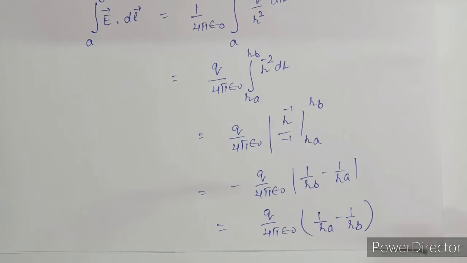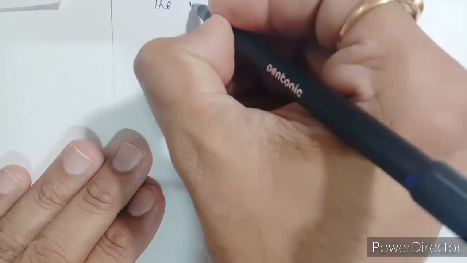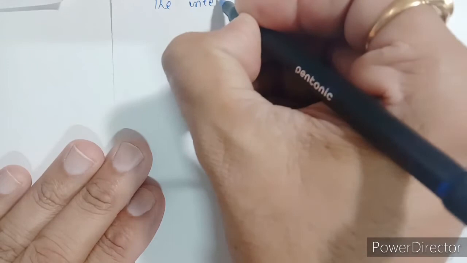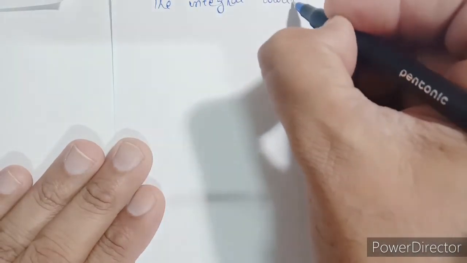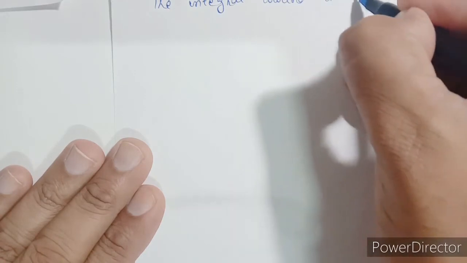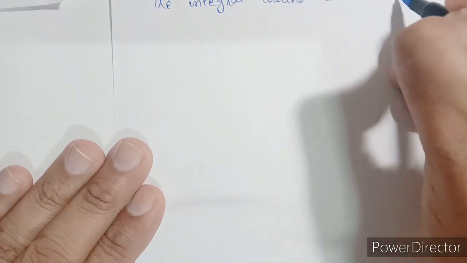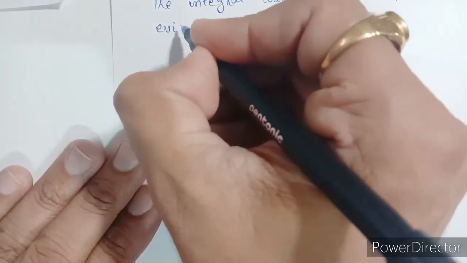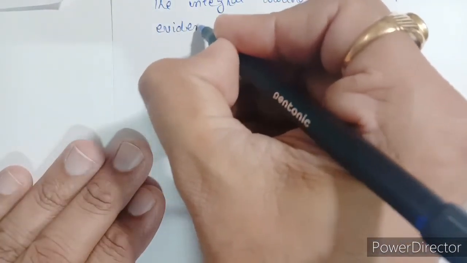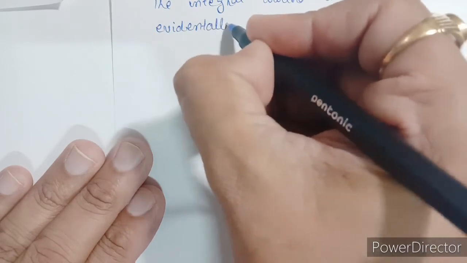Now here the integral around a closed path is evidently 0.